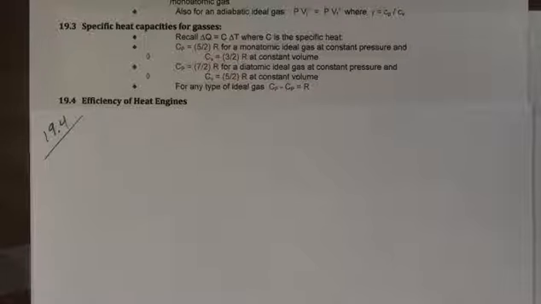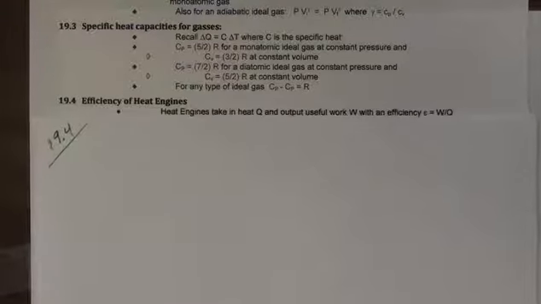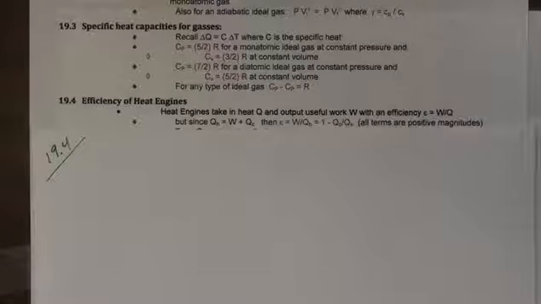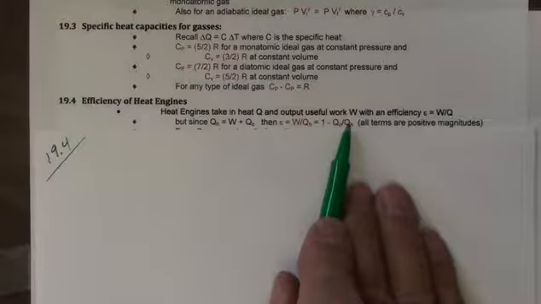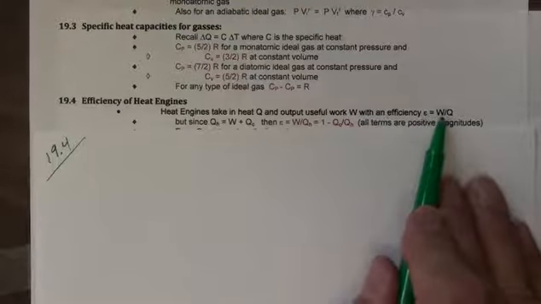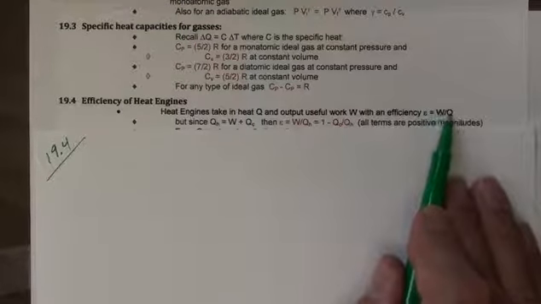So how efficient can these systems be, and what is involved? Well, first of all, what heat engines do is they take in heat and they output work. And the efficiency is the work that we get out divided by the heat that we put in.